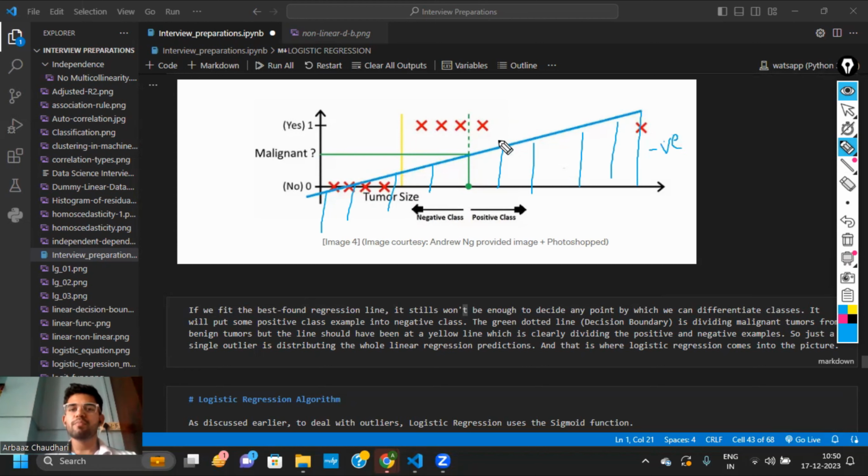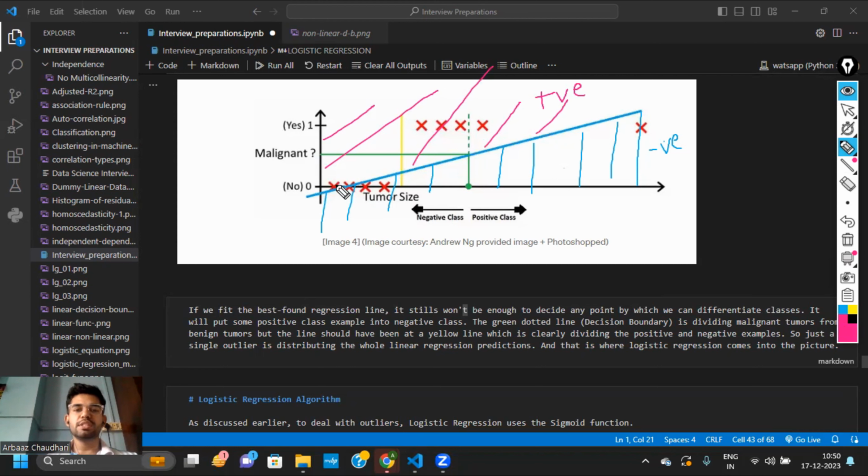According to linear regression, this region says it is the positive class. So it is able to classify these data points correctly.